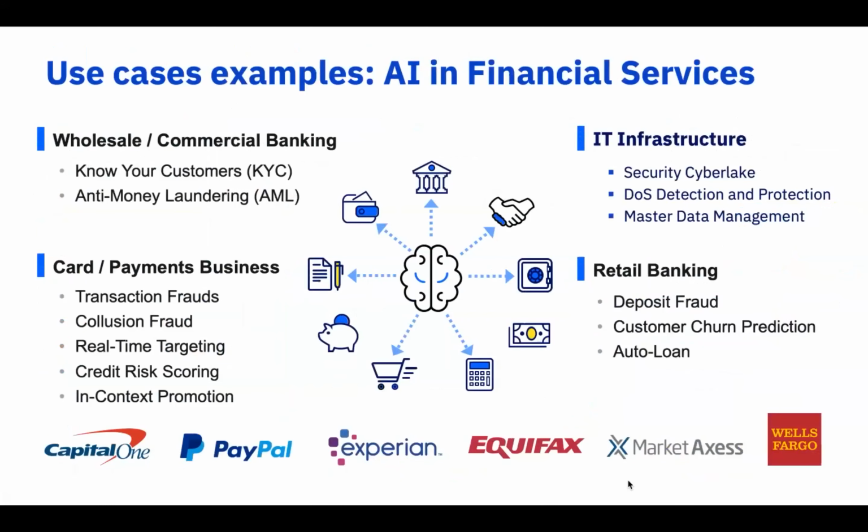Use cases, I won't spend too much time on that, but I'm going to demonstrate in my demo customer churn prediction in retail or any industry. I would talk about collision fraud, because I would talk about the PayPal use case. But as I said, it's a topic of interest in any industry.